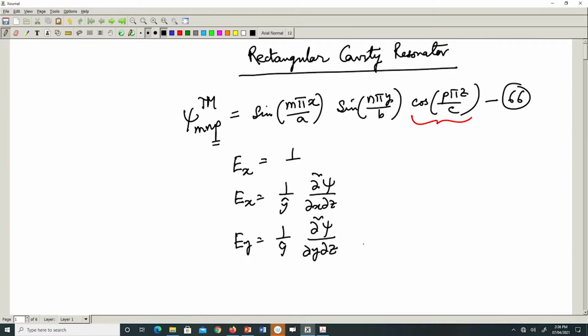This we derived already. So, both of these have to be 0 at z equal to c.